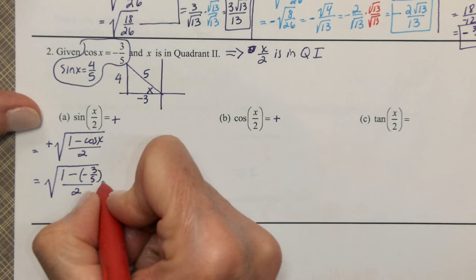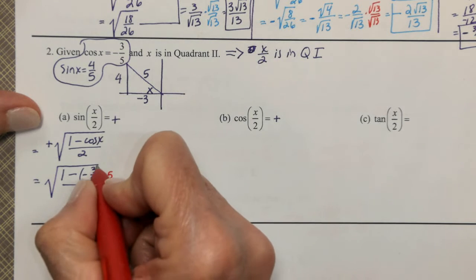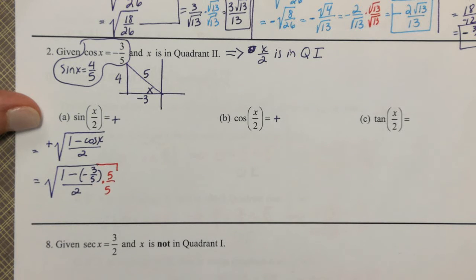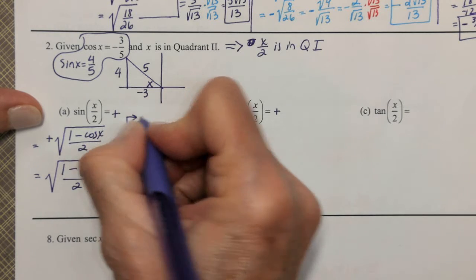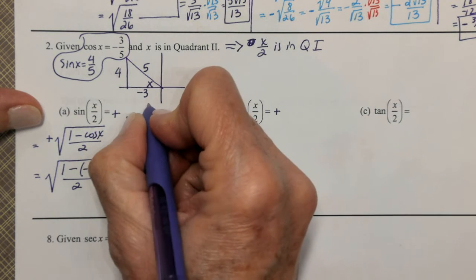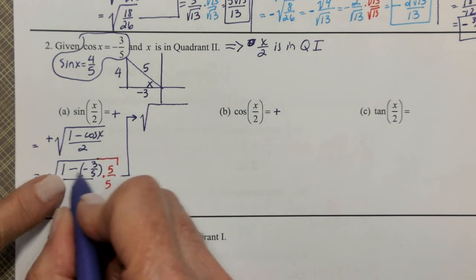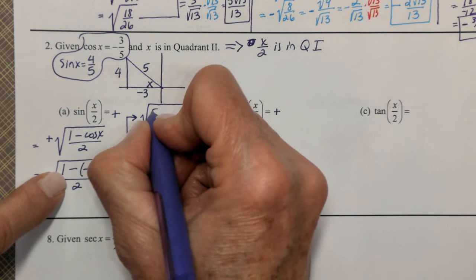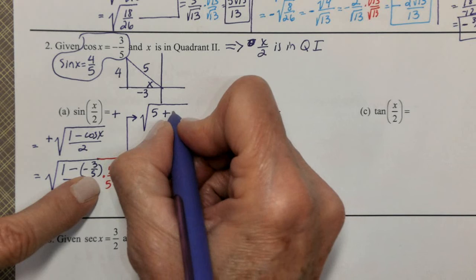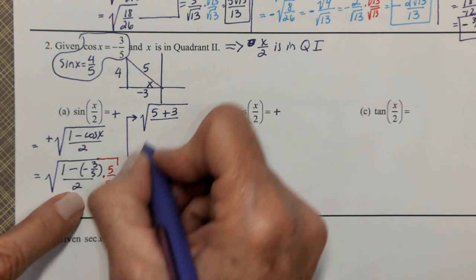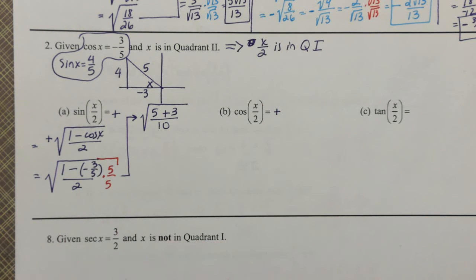I'm going to multiply top and bottom by 5, extending my square root. And I'm going to have the square root of 5 times 1 is 5 plus, here the 5's will cancel, leaving that 3, all over 10.